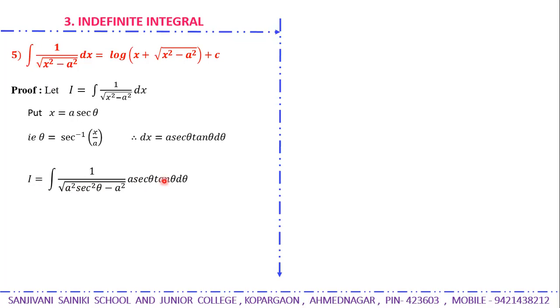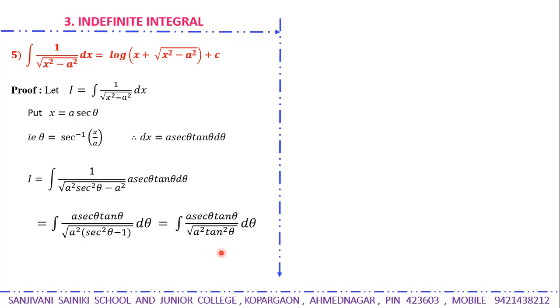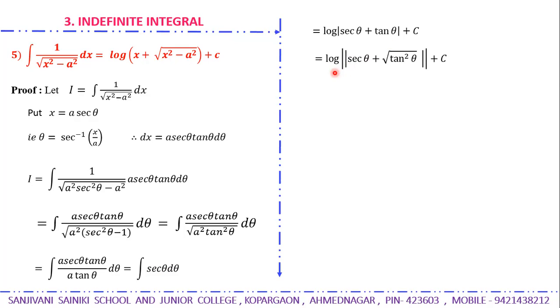So the integral becomes, take a square common and take it outside the square root, you get a only, and in the square root you will get sec square theta minus 1, but it is tan square theta, and the square root of these two terms will give a tan theta. So a tan theta from the numerator also gets cancelled and you will get only sec theta, and the integral of sec theta is log of sec theta plus tan theta. This tan theta can be written as root tan square theta, and this tan square theta I can write as sec square theta minus 1.